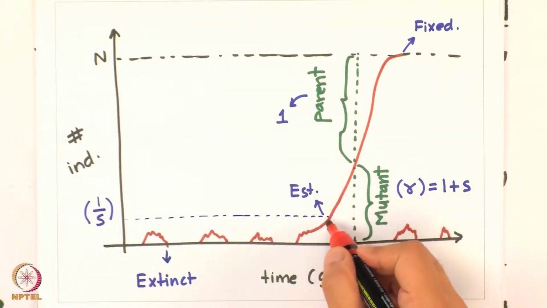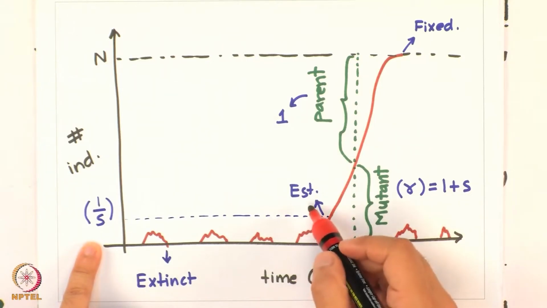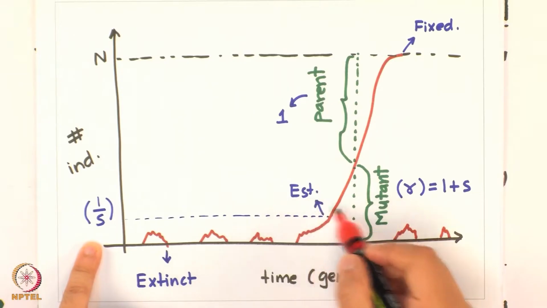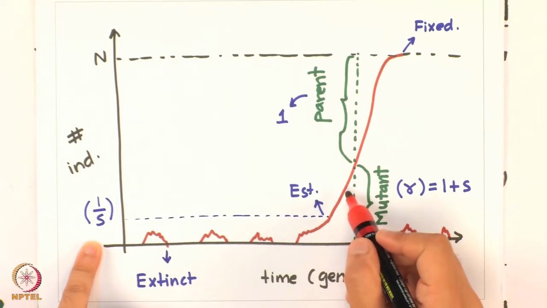If the number of mutants exceeds 1 by s, that is when we say that the mutation has become established. Beyond establishment, randomness does not play a role in deciding the fate of the mutation.